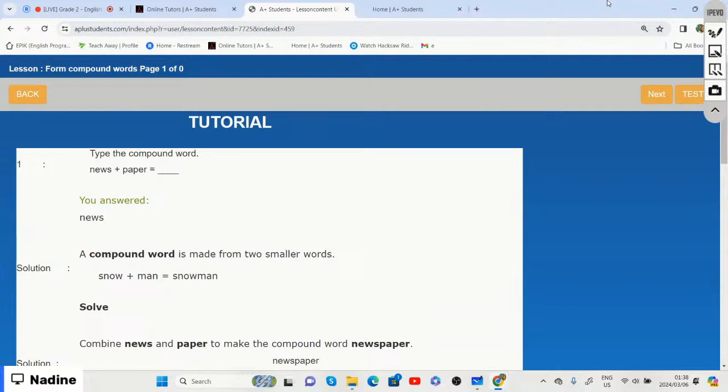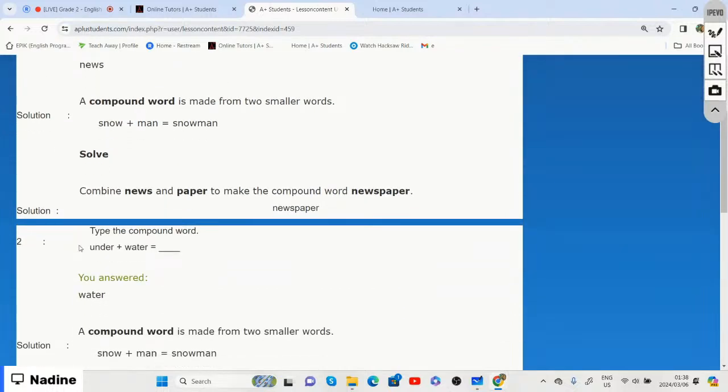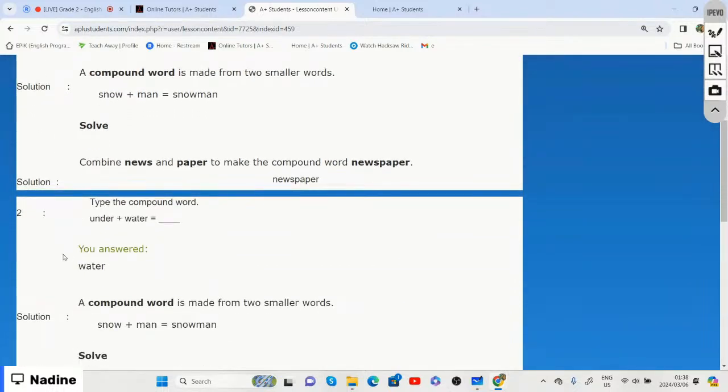All right. And remember, it is basically two smaller words, right? Not shortened words. So two smaller words. Under plus water.